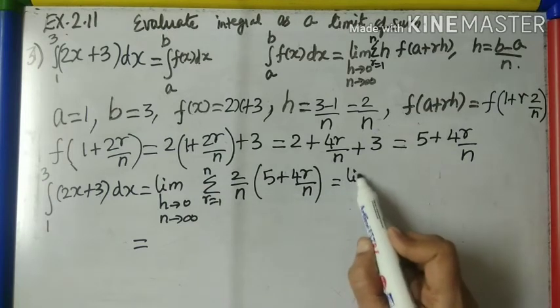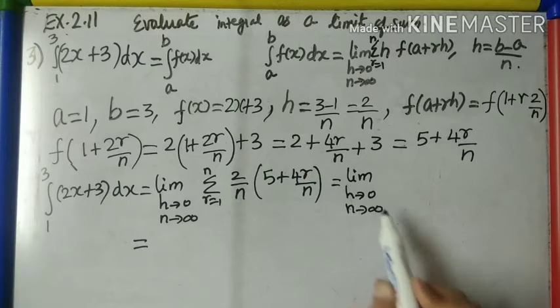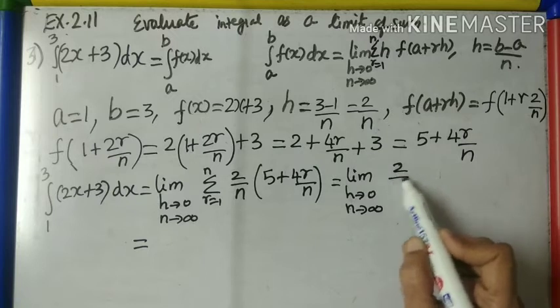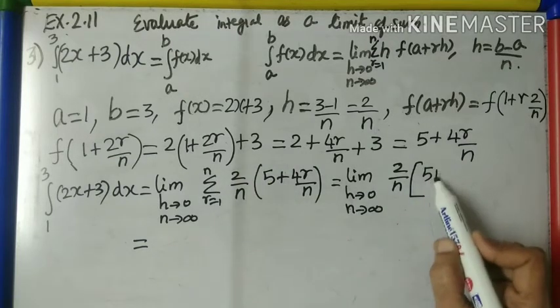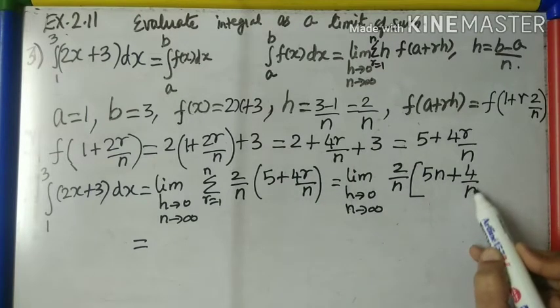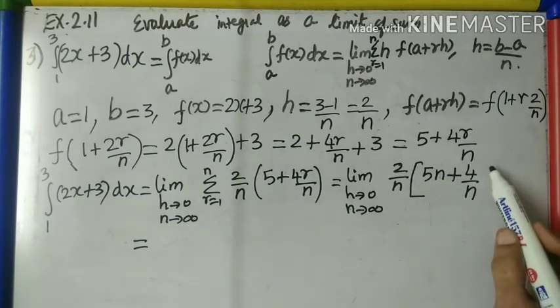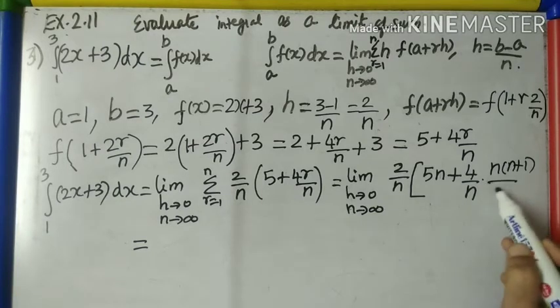I can still write this limit h tends to 0, n tends to infinity. Sigma I am taking inside, so only 2 by n left out. 5 will become 5n plus, keep 4 by n as it is, sigma r. Sigma r will become, a little before we said, n into (n plus 1) by 2.